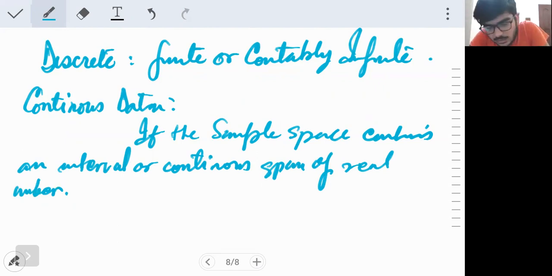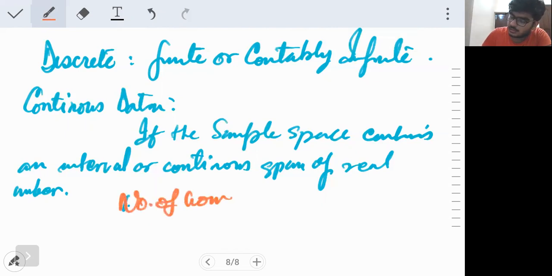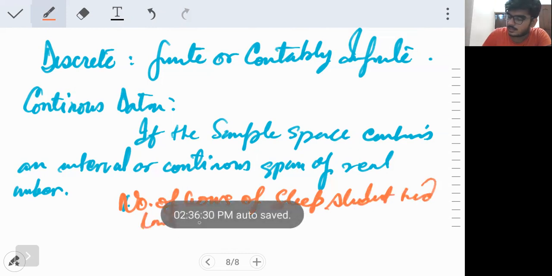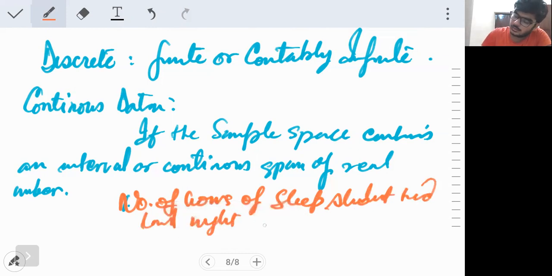Our second research question was how many hours of sleep did the student have last night? For example, if we talk about the number of hours of sleep a student had last night, the sample space will be what?